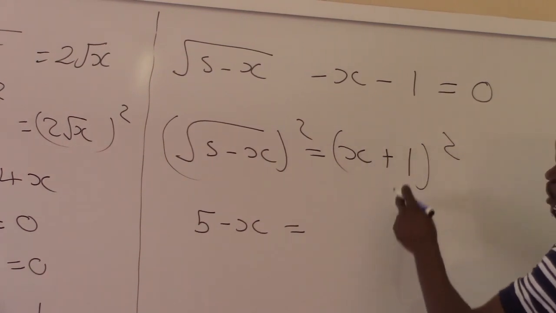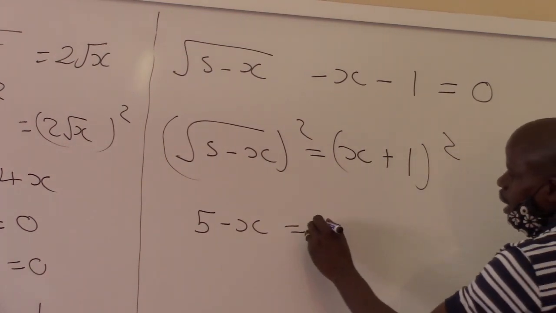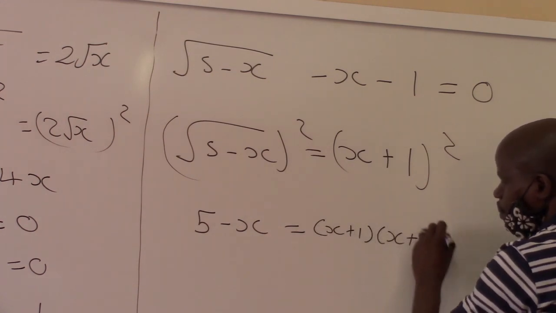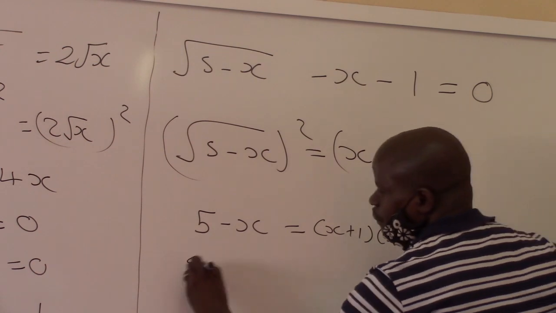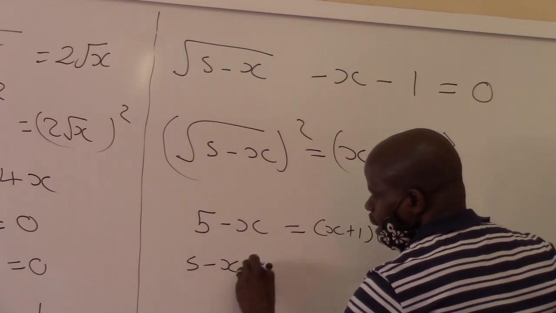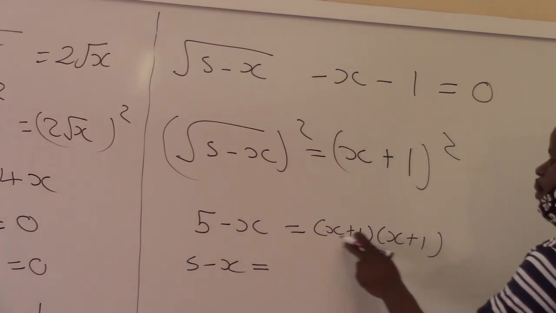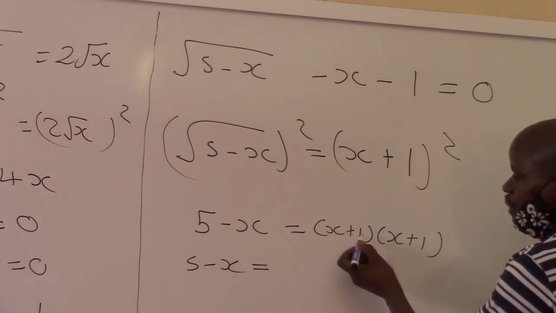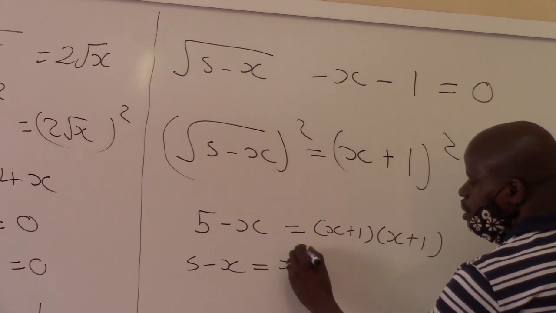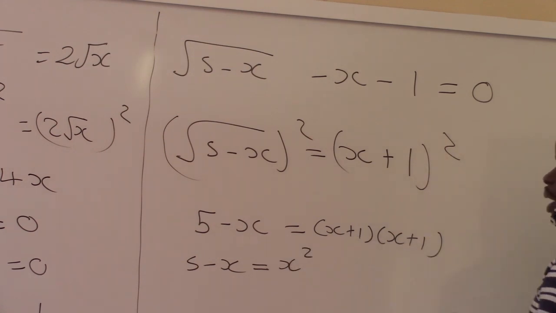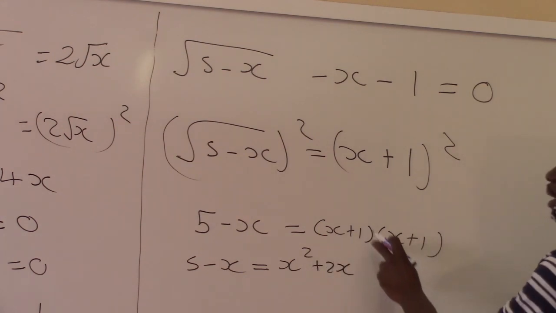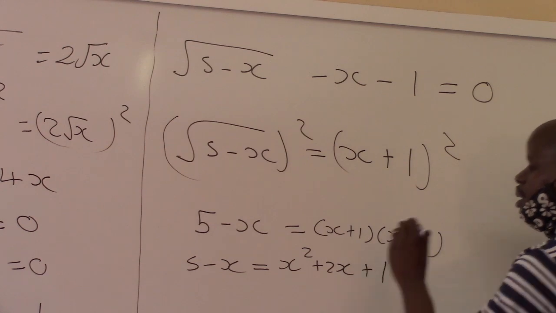Here we're still using the FOIL method. We are going to have x times x, which is x squared. x times 1 is x. 1 times x is x. So x plus x is 2x, and then 1 times 1 is 1.